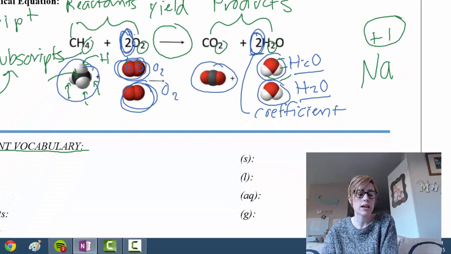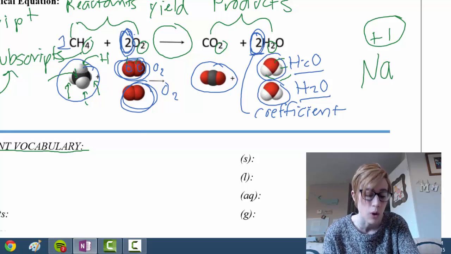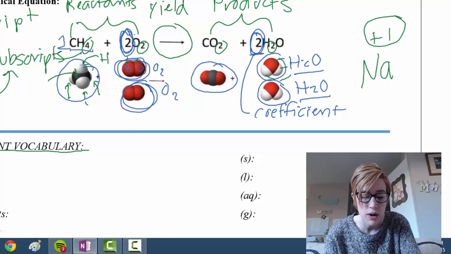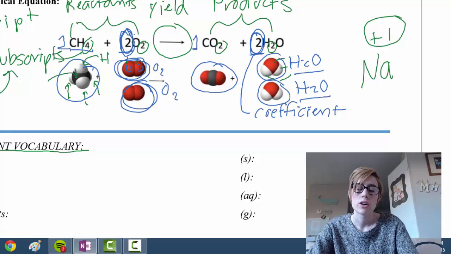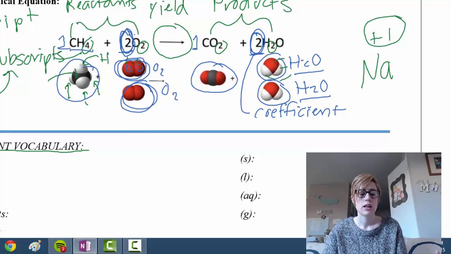So another way I could describe this reaction is 1 mole of CH4 could react with 2 moles of oxygen to produce 1 mole of carbon dioxide and 2 moles of water. Literally, it refers to the number of molecules. Practically, it refers to the number of moles.